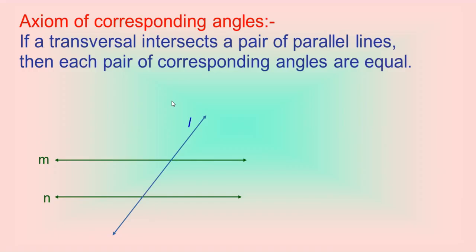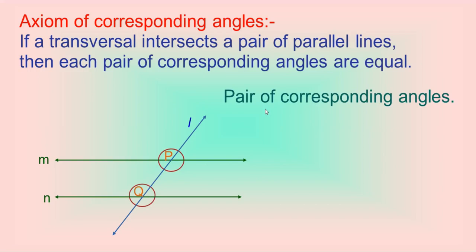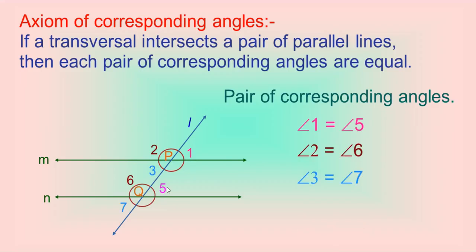L is a transversal intersecting M at P and N at Q. We get 4 and 4, so 8 angles. We already discussed the pairs of corresponding angles. Therefore angle 1 is equal to angle 5, angle 2 is equal to angle 6, angle 3 is equal to angle 7, and angle 4 is equal to angle 8.